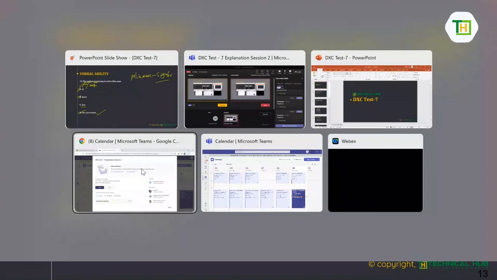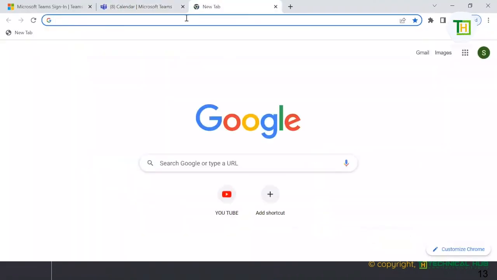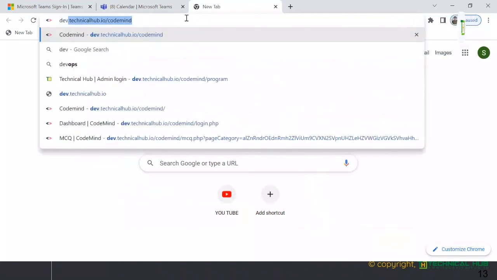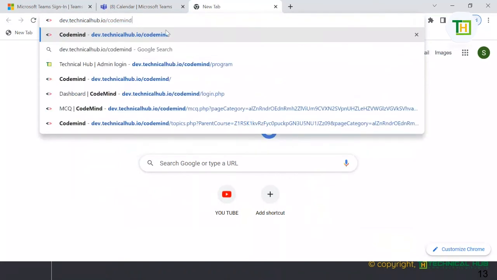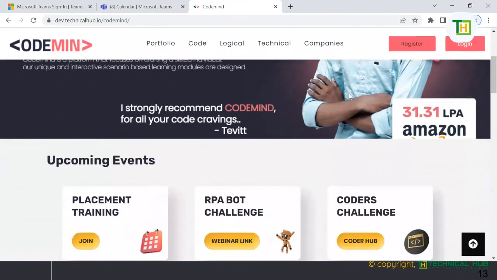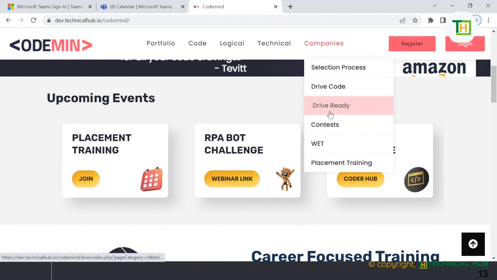So here I'll just open, and still some people have doubts from the past 3 days onwards. I'm explaining even though you have doubts. develop.technicalhub.io/codemine is the portal, and the codemine front end you know already. I'm going to this tab, and once you see your name, you'll go here and join. Else directly click on companies, then you will have VET directly here.